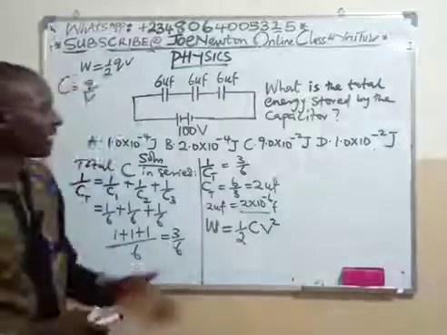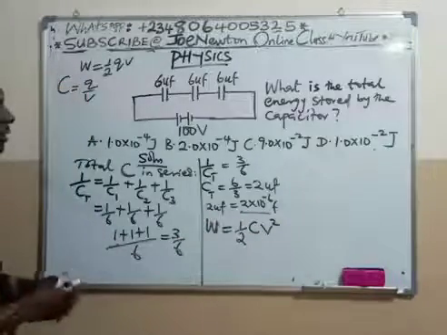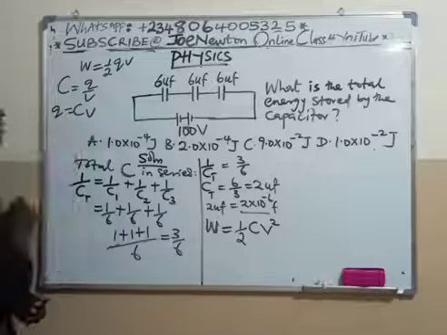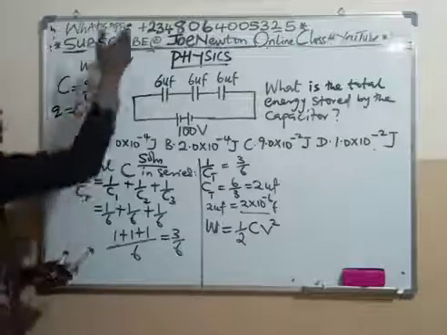How do we arrive at this formula? Since C is equal to Q over V, we can see that Q is equal to CV. So in absence of Q, when you put CV, it will become CV squared.